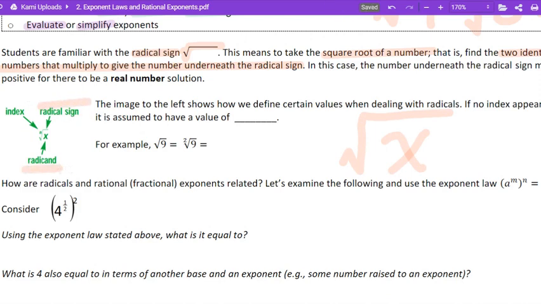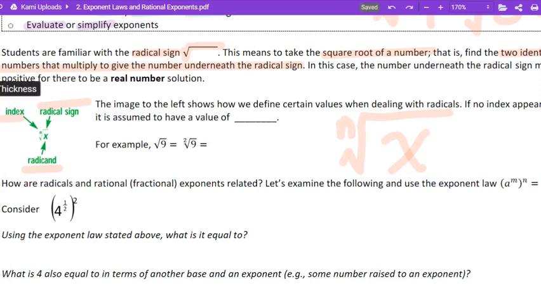And then sometimes we will have a number or a letter in this position, and that is called the index. So the radicand is the number underneath the radical sign, the x in this case, and the index is the little number that sometimes is placed in the radical symbol.